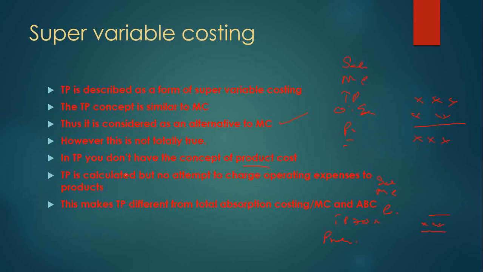But here we don't have a product cost. No attempt is made to charge operating expenses to product. So no operating expenses are ever charged to the product. This makes TP different from total absorption costing, marginal costing, and ABC. The difference is we don't allocate a portion of the operating expenses to the products.